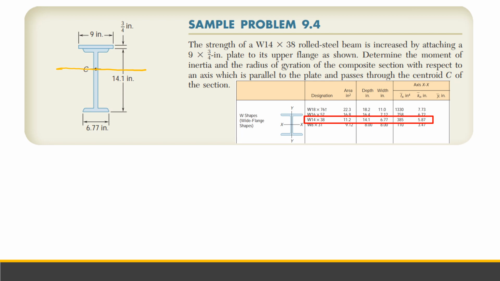But this is only for the I-beam. Since we have an added rectangular plate here, our values will change: moment of inertia, radius of gyration, centroid, because it is now a composite.